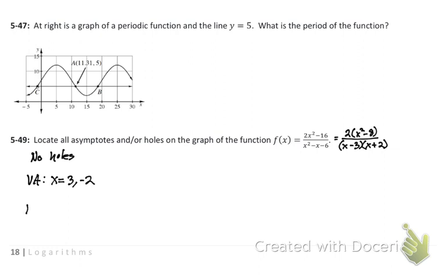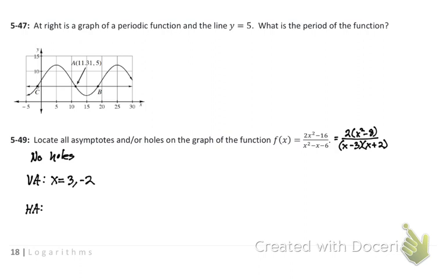Our horizontal asymptote, that is where I think we struggle a little bit. We need 3 rules for a horizontal asymptote. Your first rule is if your exponents are the same, you compare your biggest exponent on the top to your biggest exponent on the bottom.